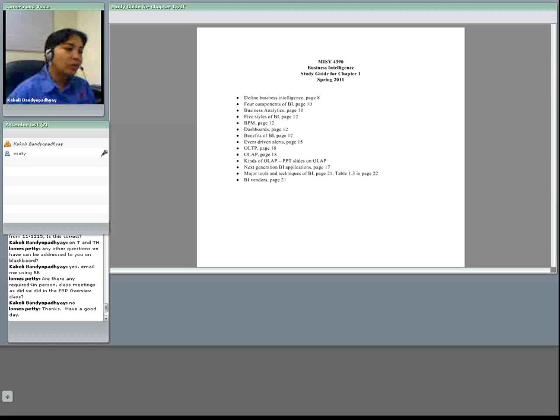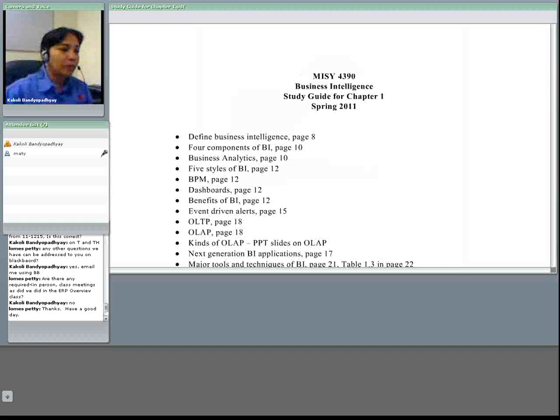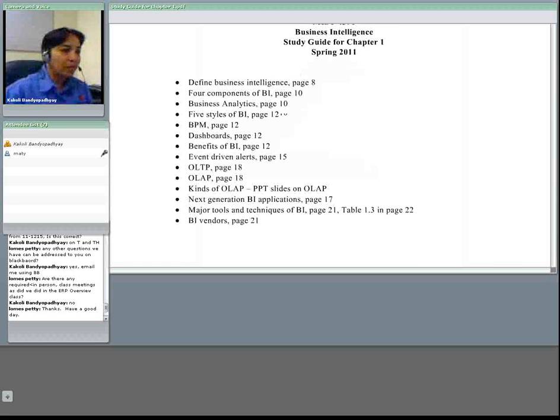Then you also need to know the differences between online transaction processing and online analytical processing, the different types of online analytical processing, next generation of BI applications, major tools and techniques of business intelligence, and which are some of the known important BI vendors.